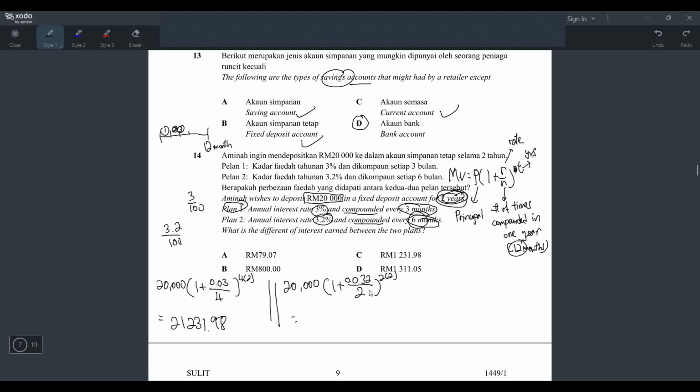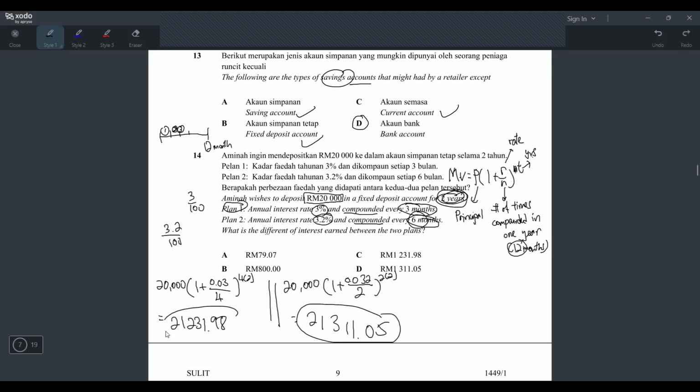So now I will press 1 plus 0.032, and then divide 2. Then equal, and then answer power 4 times 20,000. My calculator gives me 21311.05. And then find the difference.